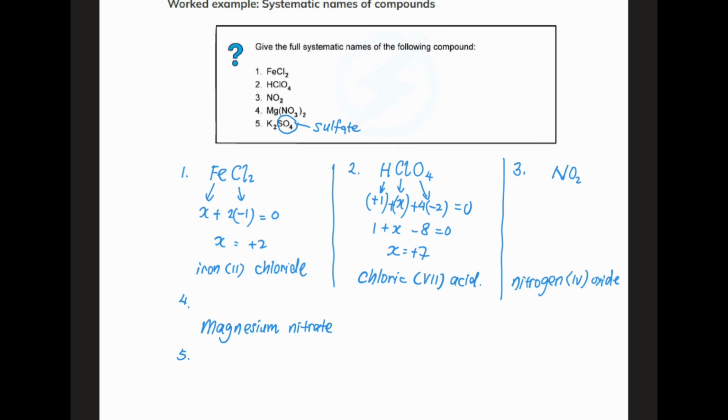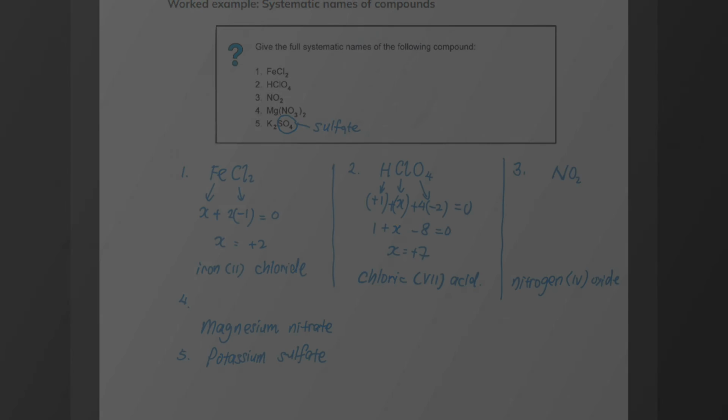So potassium, it is group 1. Oxidation number in Roman numeral is also not required because group 1 is always +1. And because of that, we just put potassium sulfate. So Roman numeral is not necessary here. Okay, just like that.